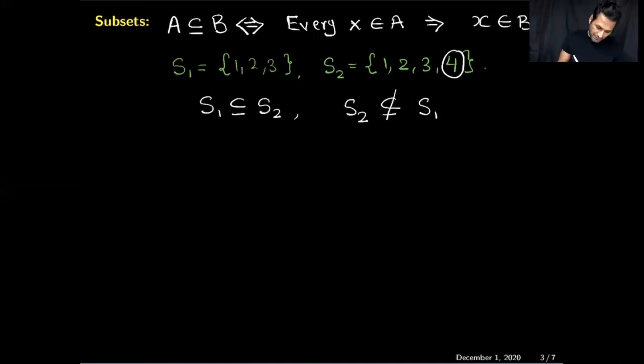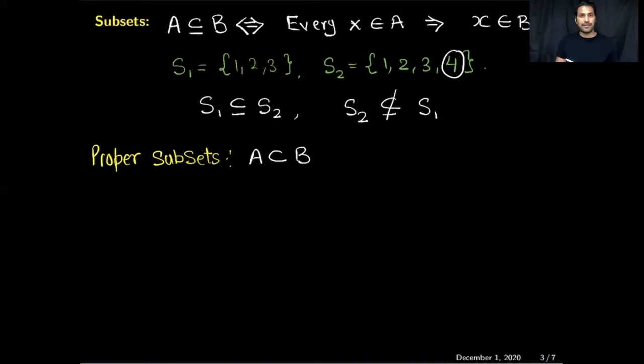Our next definition is proper subset. We will say A is a proper subset of B. The notation for a proper subset is that we do not write the equality symbol.